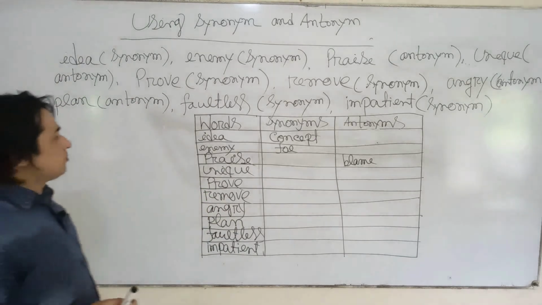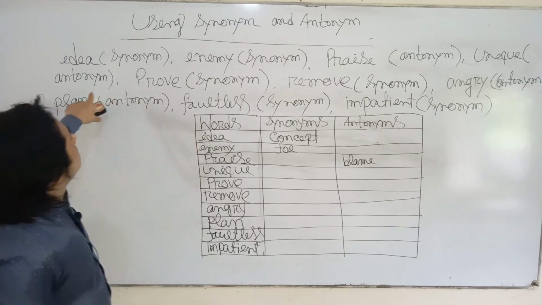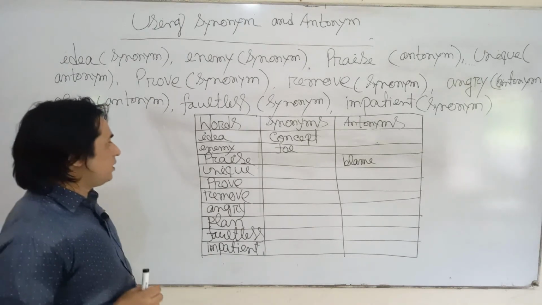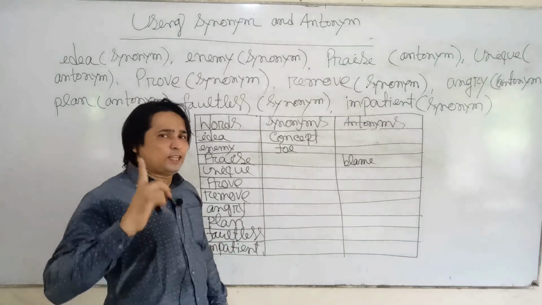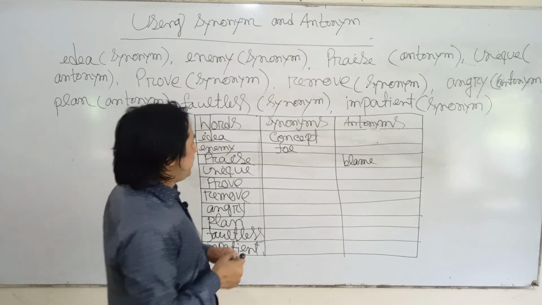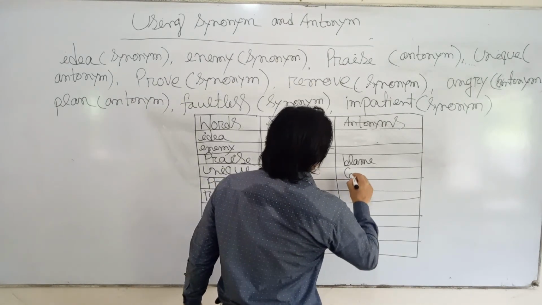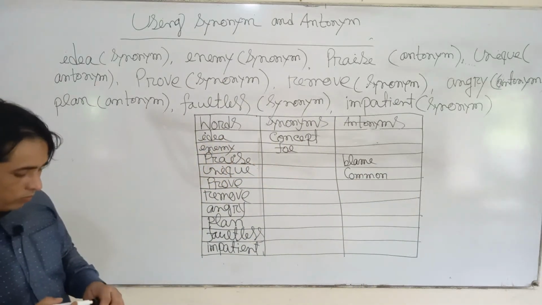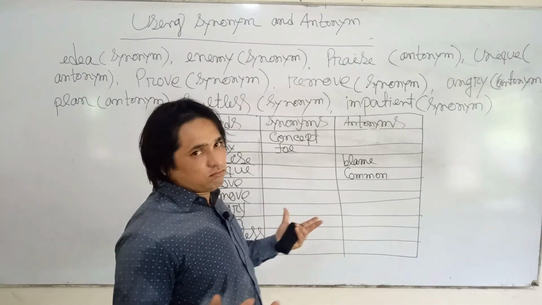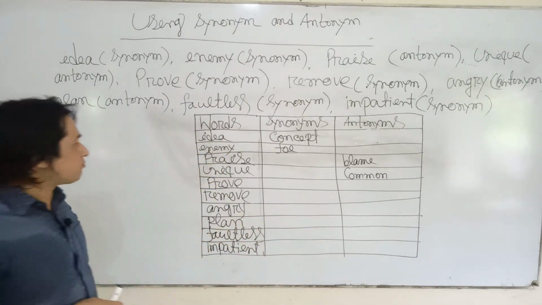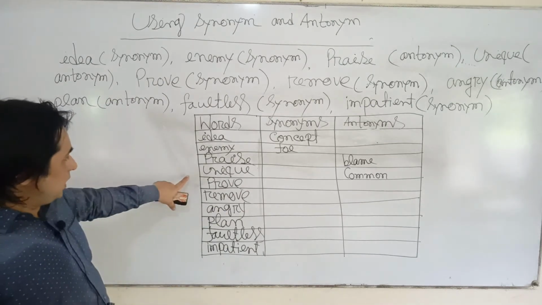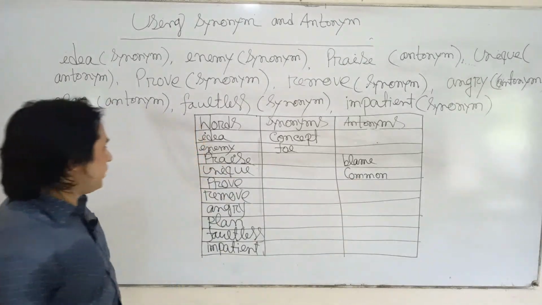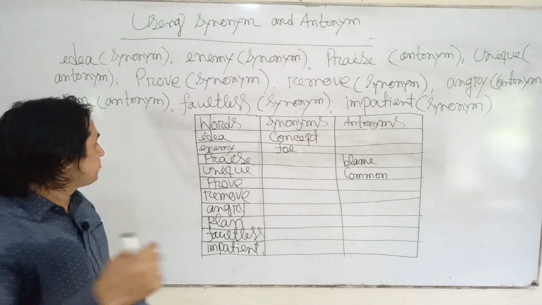Unique, we will have to write down the antonym of the word unique. Unique means second to none. So here the antonym will be common, which is available, more than one. Unique means second to none, but the antonym is common, general, available, whatever you say.